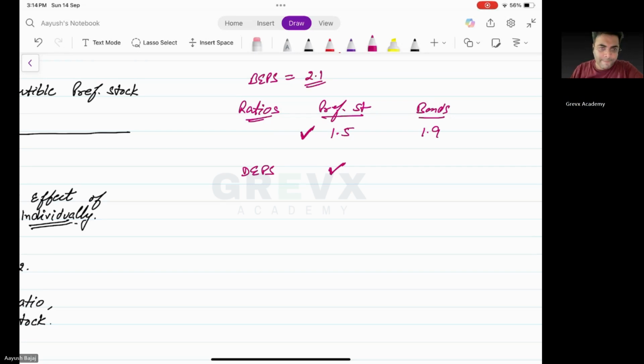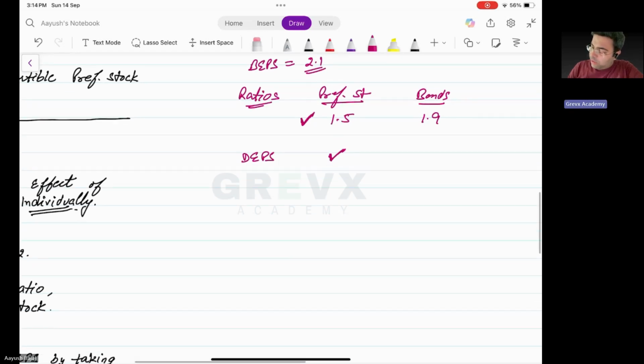Now, you are going to calculate the diluted EPS. If the diluted EPS is less than basic EPS, then you will also include bonds in the calculation.